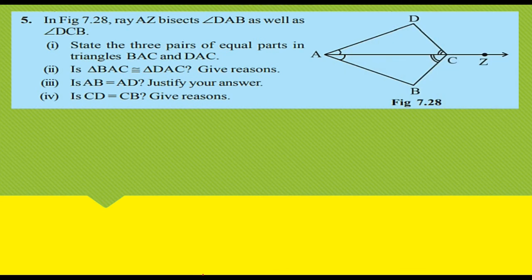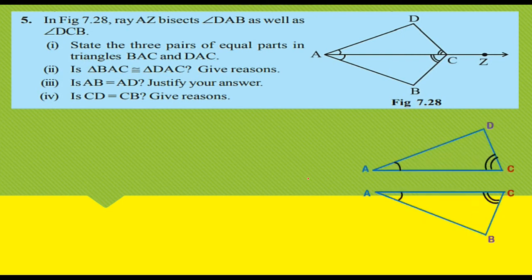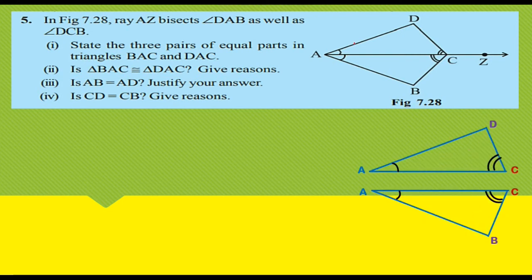Next question, question number 5. Here again I have split the 2 triangles and it will make our task a little easier to understand. Ray AZ bisects angle DAB as well as angle DCB. So if I split it, angle A and angle A, here both are equal because the AZ ray is the angle bisector of DAB.